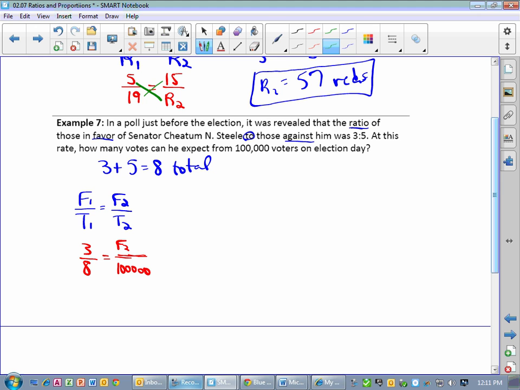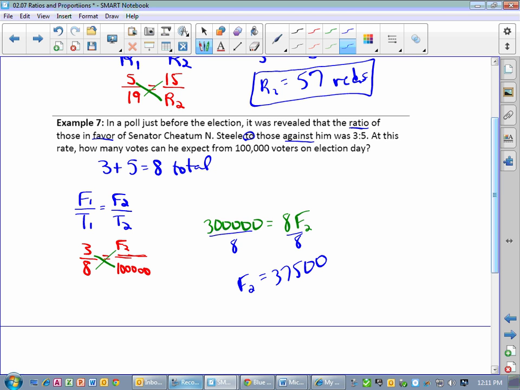So we cross multiply. So 100,000 times 3 gives us 300,000 equals 8 times the number in favor. So we divide both sides by 8. And so what do we get for the number in favor of him? 37,502 zeros?